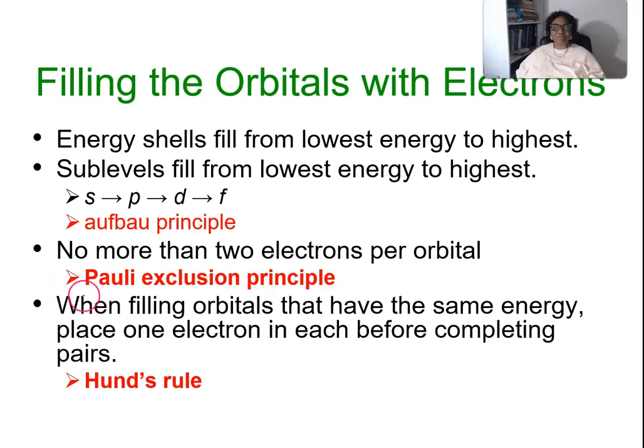Then principle number 3, when filling orbitals that have the same energy, place 1 electron in each before completing the orbitals. I'll just give you an example. We have 3 orbitals in the p.